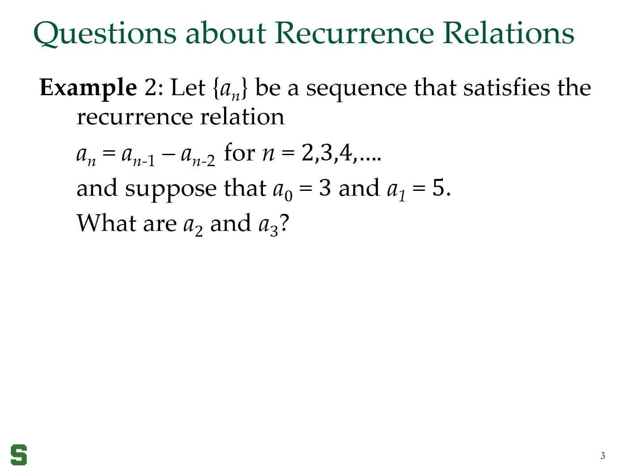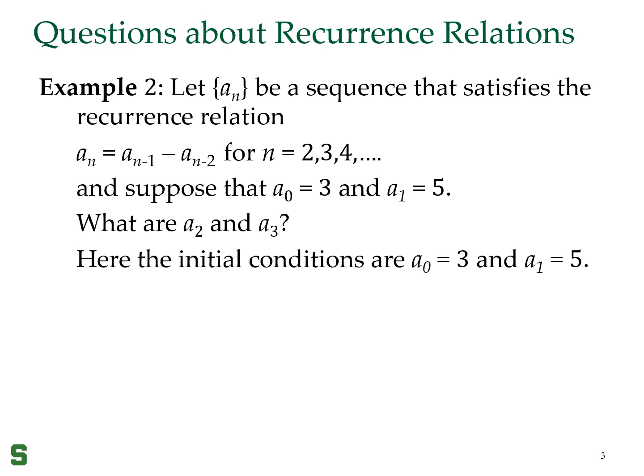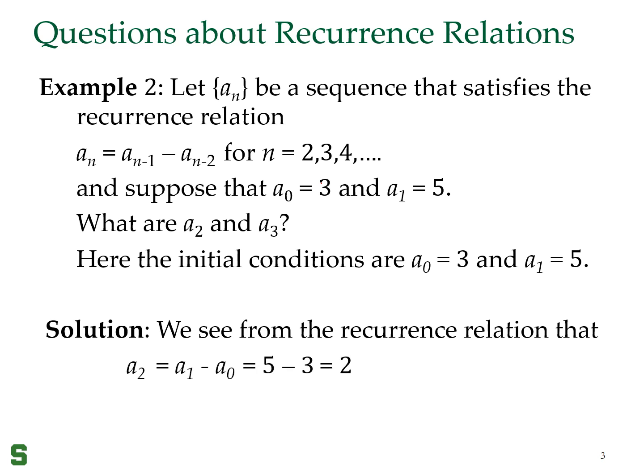So the question is, what is a_2, a_3, a_4, etc.? Once again, pause here if you want to work this out yourself. Now what we can see is a_2 is a_1 minus a_0, in this case it's 2. a_3 is a_2 minus a_1, that will be minus 3 and so on.